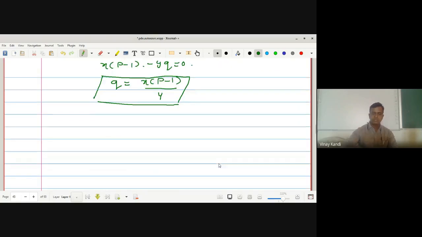Now, therefore, putting the value of q in equation 2, equation 2 becomes, what is equation 2? x square p plus x into p minus 1 upon y minus xz.